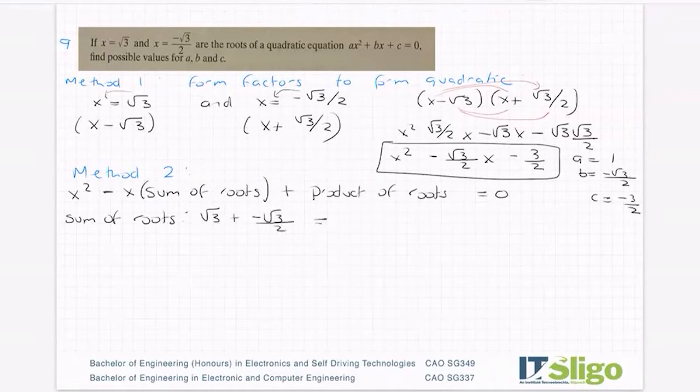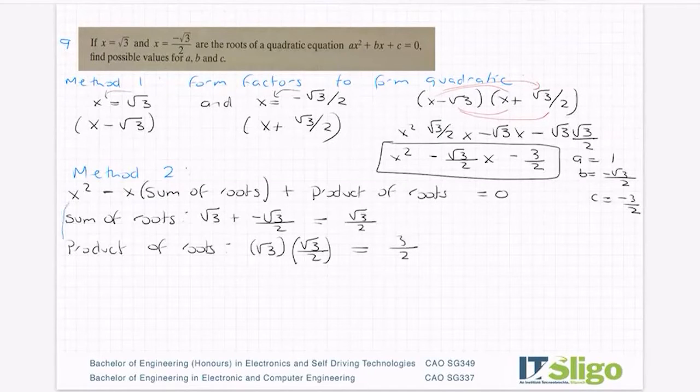So if I add them, I am getting root 3 over 2. Okay, and the product of the roots: product means multiply, so it's root 3 multiplied by root 3 over 2. We do that on the calculator, and it's 3 over 2.